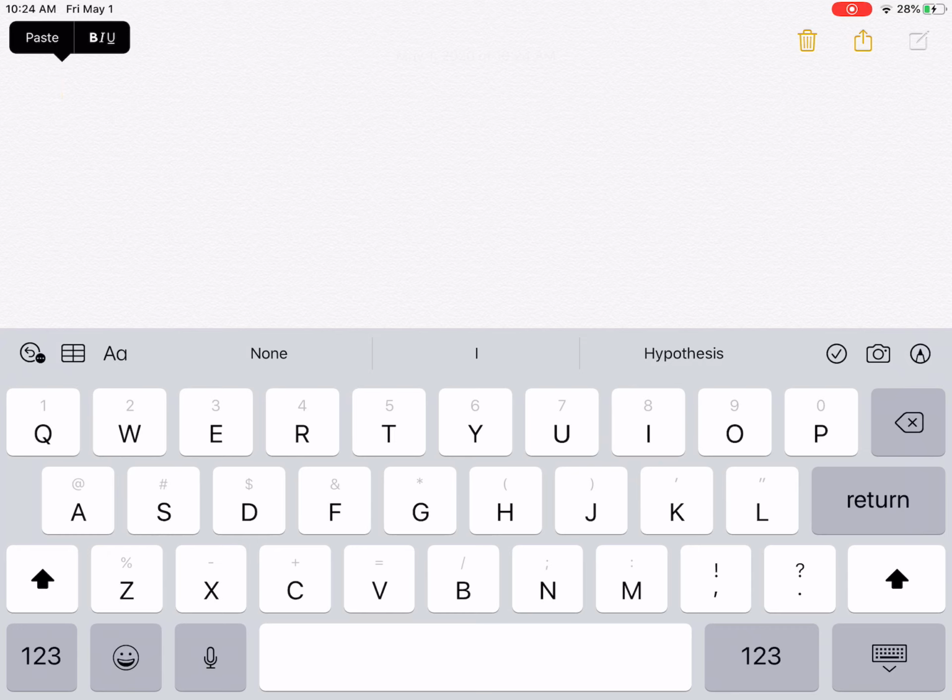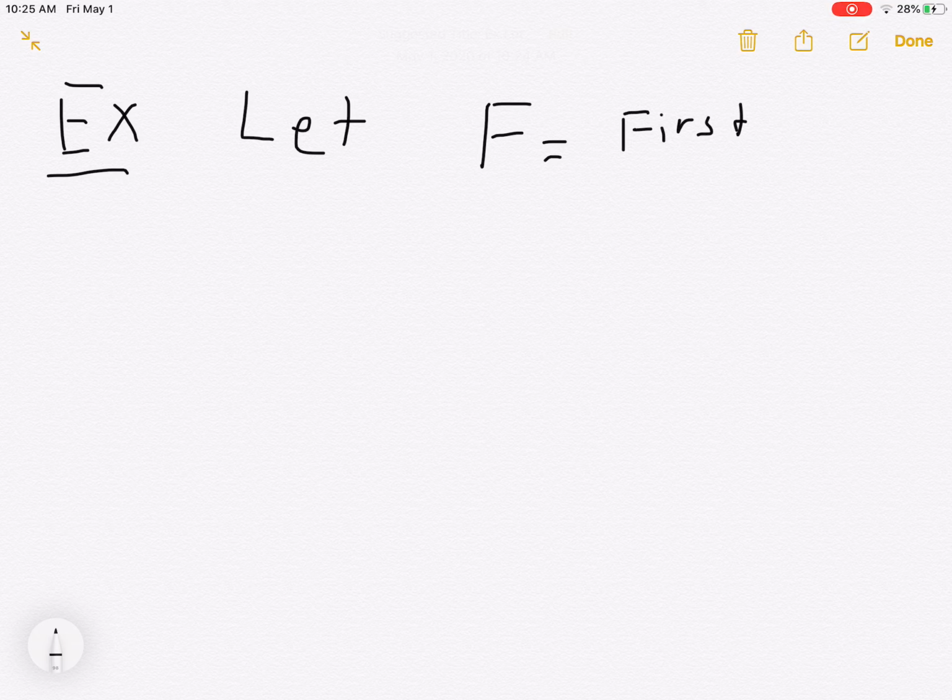Now I want to give you just a quick example of unions and intersections. So I'm going to let the event F be the event the first coin lands heads. Let me write out what F is.